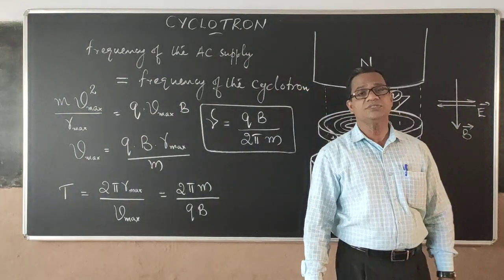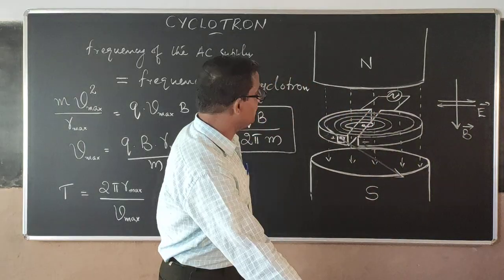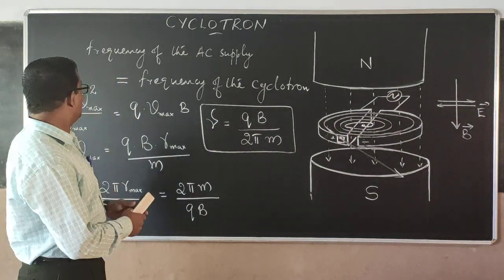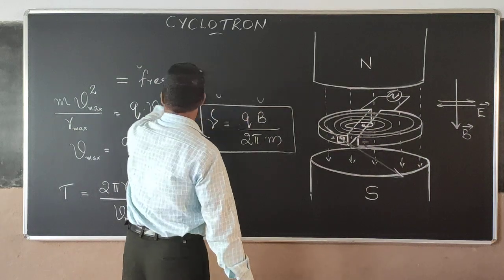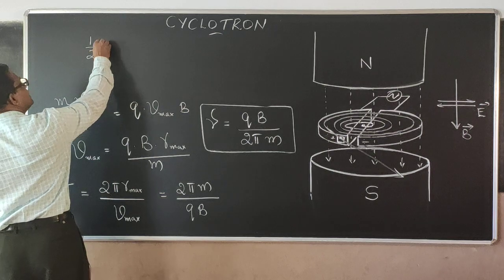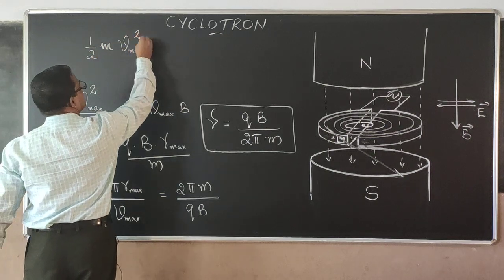Now, the next question is, what is the maximum energy possible for the particle which is getting accelerated? The maximum energy possible will be half m into v max square.